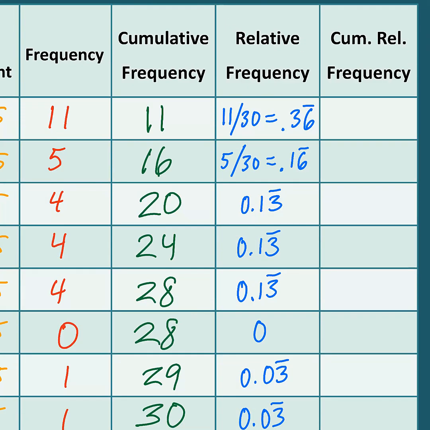Now the cumulative relative frequency is similar to the cumulative frequency, where we are going to add up subsequent frequencies to get cumulative frequencies. And this time, we're going to use the decimals to do so.